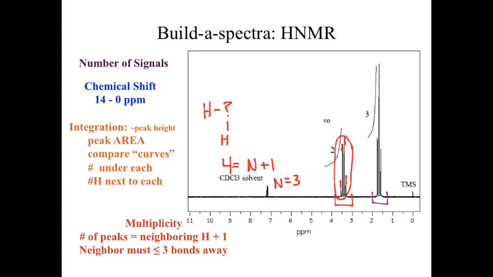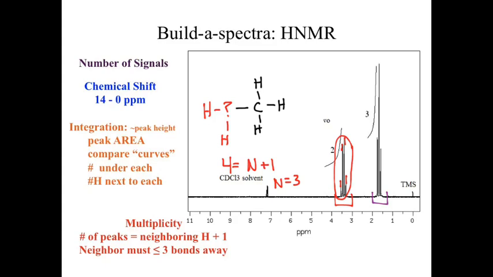So how can I get 3 hydrogen neighbors? Again, I want to go as easy as possible to my question mark. Well, the easiest way is to put those 3 neighbors on the same atom. We got a CH3.